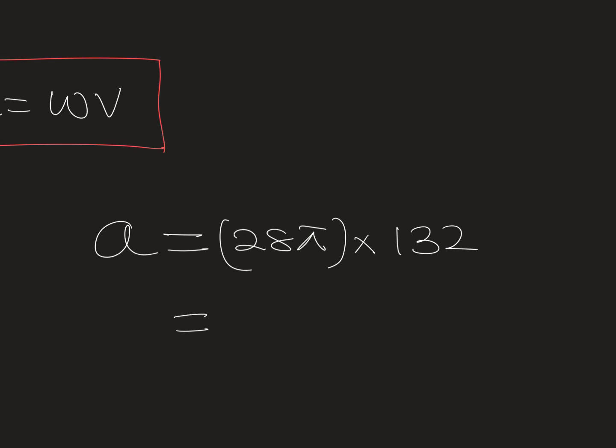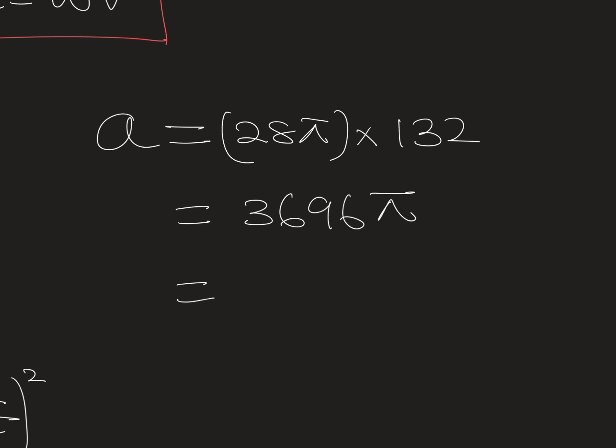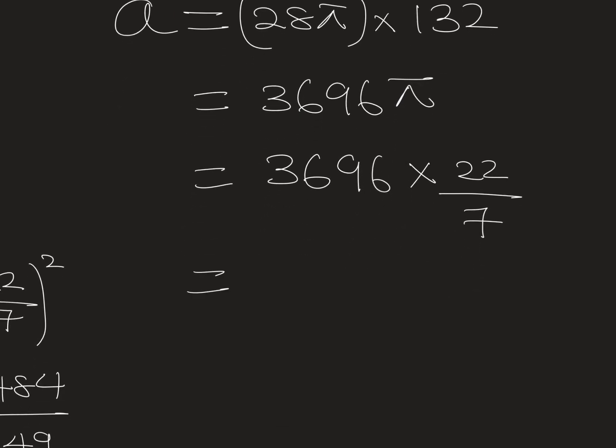So 28 times 132 is 3696 pi. If we substitute the value of pi, that will be 3696 times 22 over 7. When you do that math, you will still have 11616 meters per second squared.